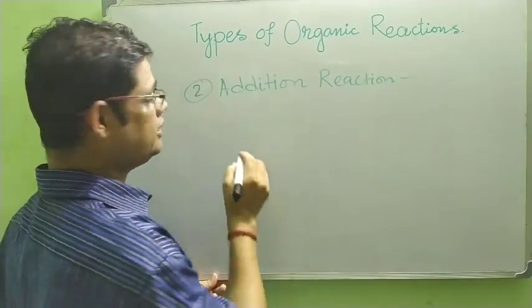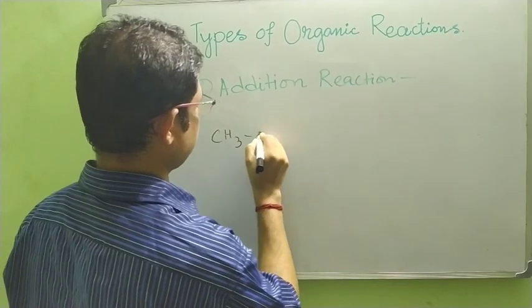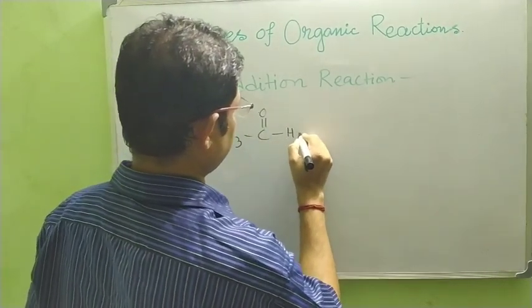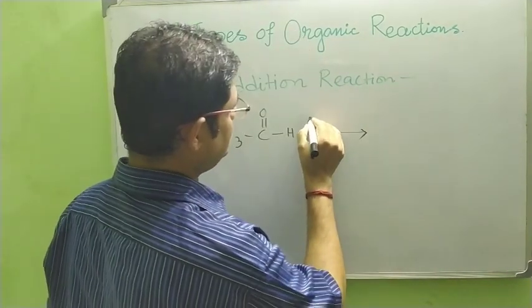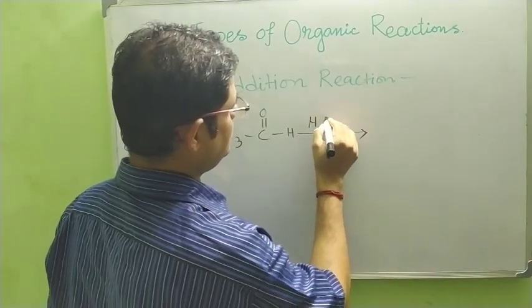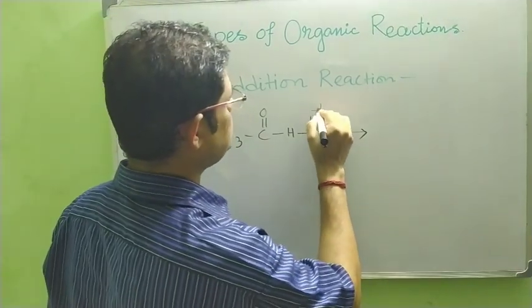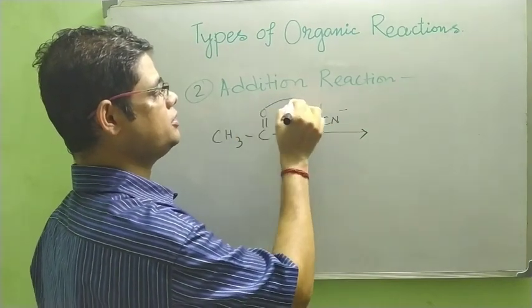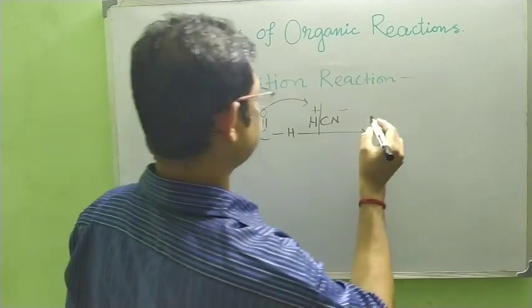Now let's take an aldehyde. It reacts with HCN. HCN gives H plus and CN minus. Here oxygen gives electron to this H plus and forms a bond.